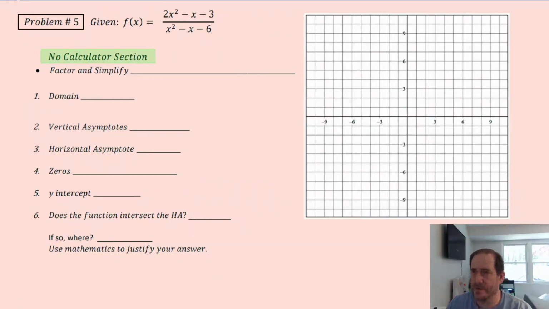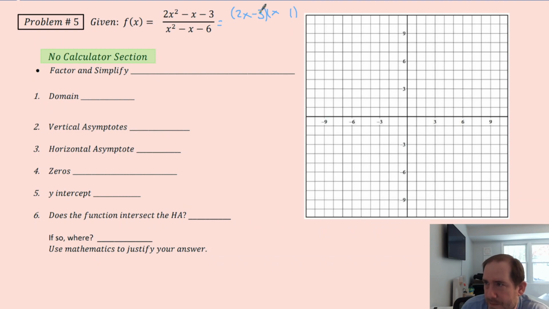Alright, looks like we're on our own for factoring again. So looking at the numerator, I'm going to need to put a 3 right here and a 1 right here. That gives me an outer product of 2 and an inner product of 3.